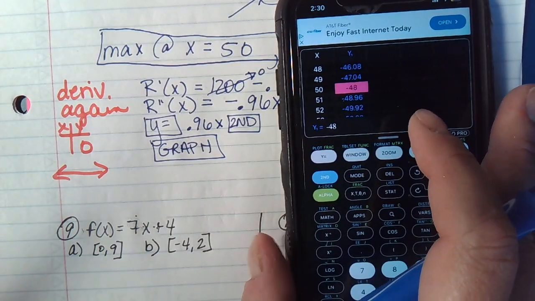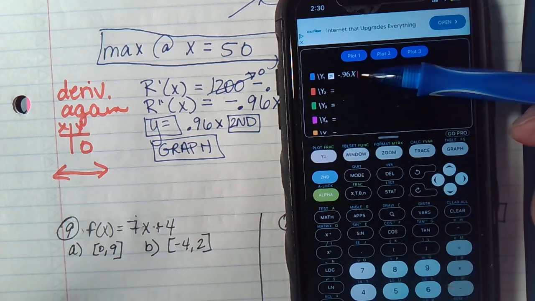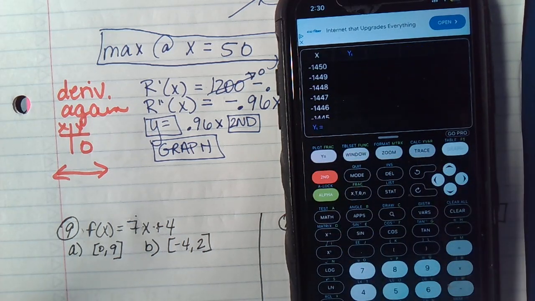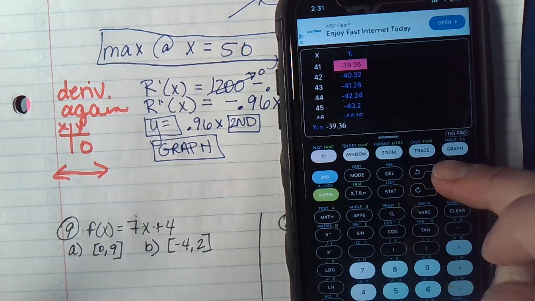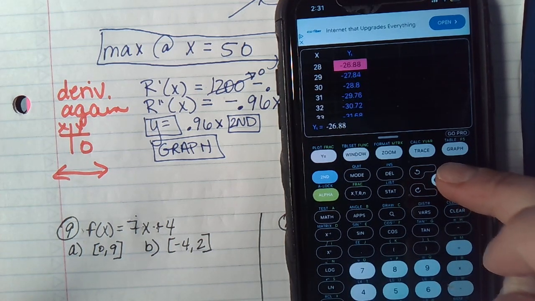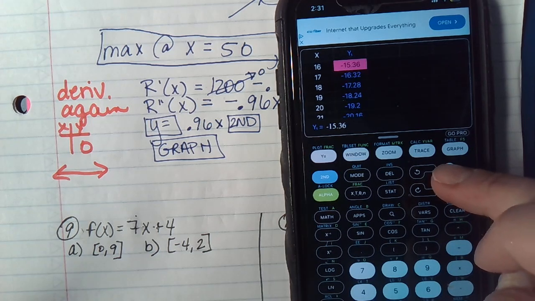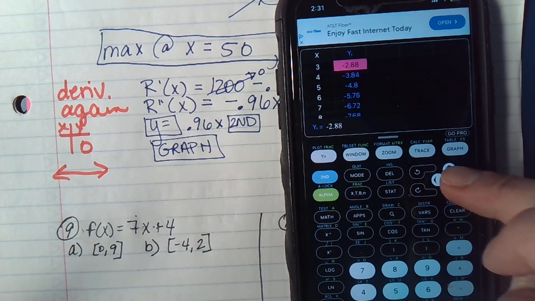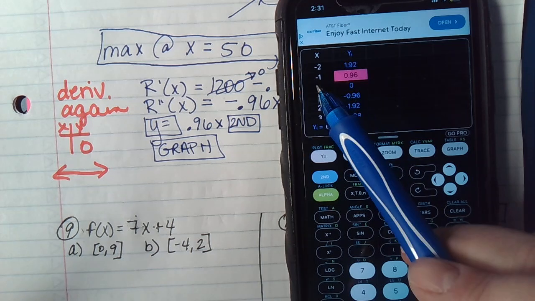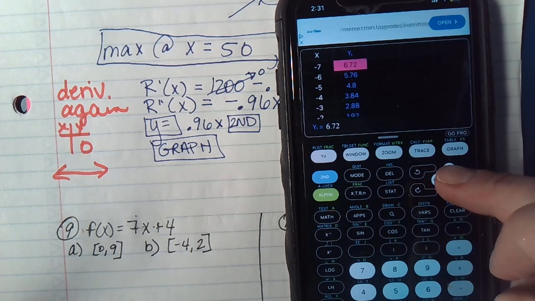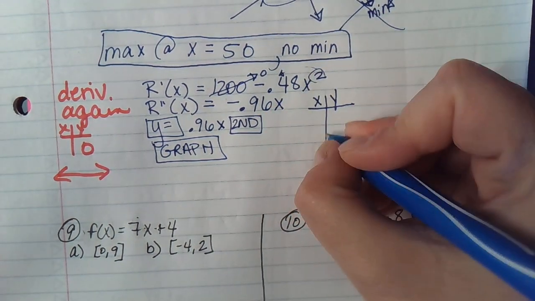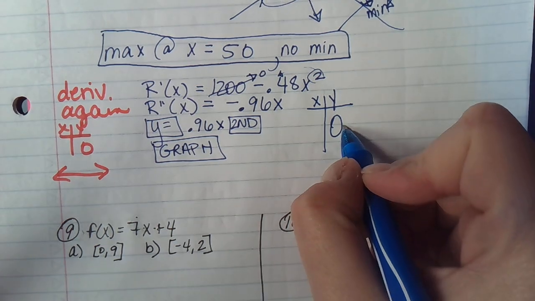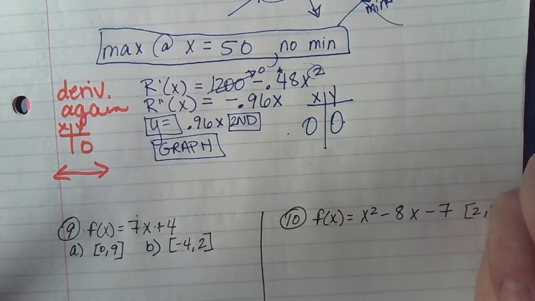Alright, so I typed it in y equals, and then I press second graph, and we're looking for where the 0 is in the y. Oh, there it is, at actual 0. Let me see if there's another one. Yeah, okay, there's not another one. So we have a 0 in the y, and across from it is a 0 in the x.